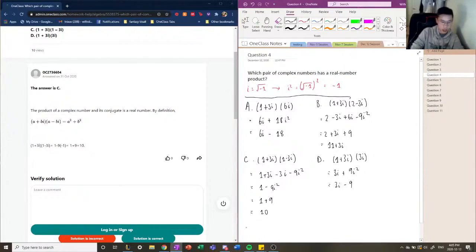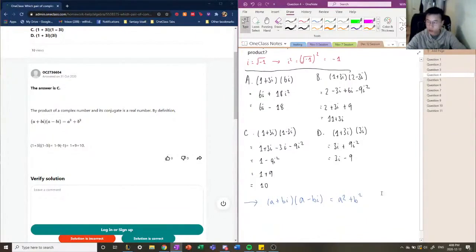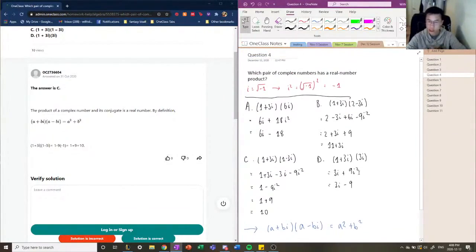In other words, our observation is that when you have a complex number such as a plus bi, with an imaginary and real component, and you multiply it by its conjugate, which has the same magnitude but the signs switched, so a minus bi, you'll get a squared plus b squared, which is just a real number, right? So this is a very important lesson, and we'll be applying this in our future questions, okay?